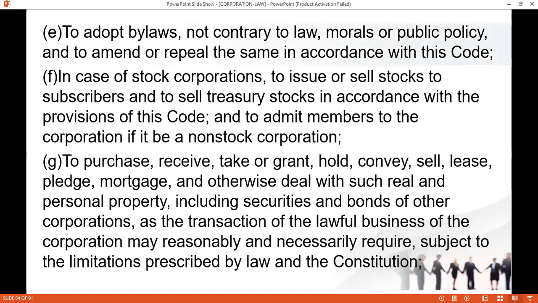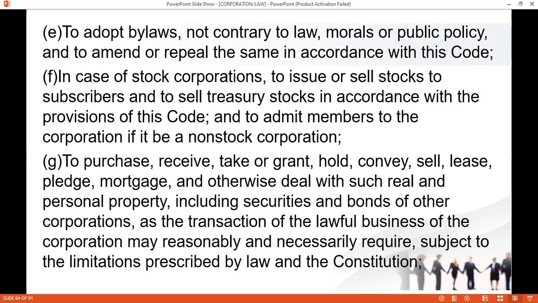To adopt bylaws not contrary to law, morals, or public policy, and to amend or repeal the same in accordance with this Code. In case of stock corporation, to issue or sell stocks to subscribers, and to sell treasury stocks in accordance with the provisions of this Code, and to admit members to the corporation if it be a non-stock corporation.